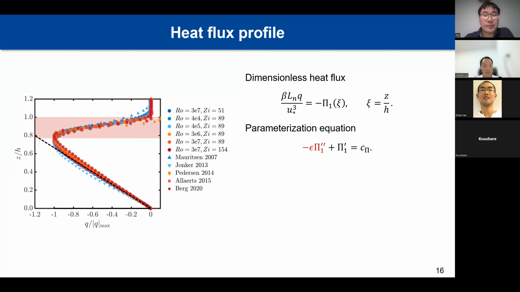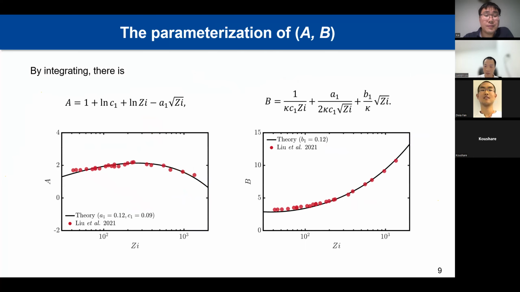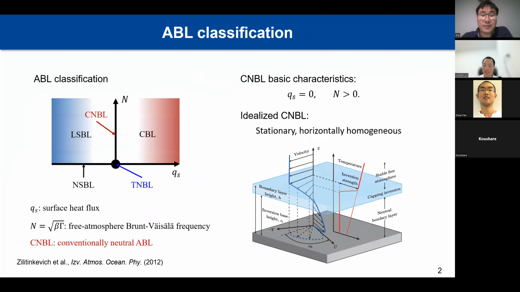Actually, I think both horizontal and vertical structures are important. But here we made an assumption, in slide 2, that we focus on the horizontally homogeneous case. That is, on average, there is no horizontal correlation, only vertical structure.